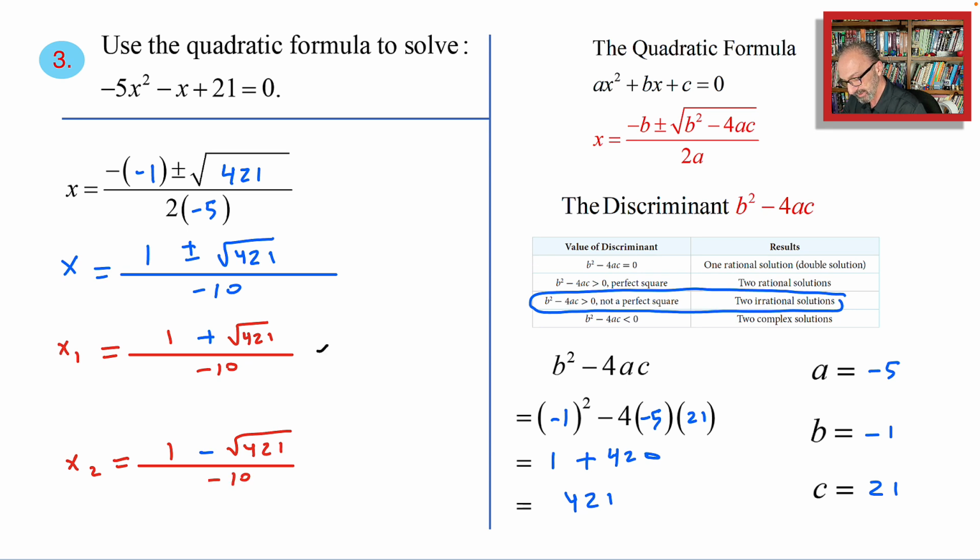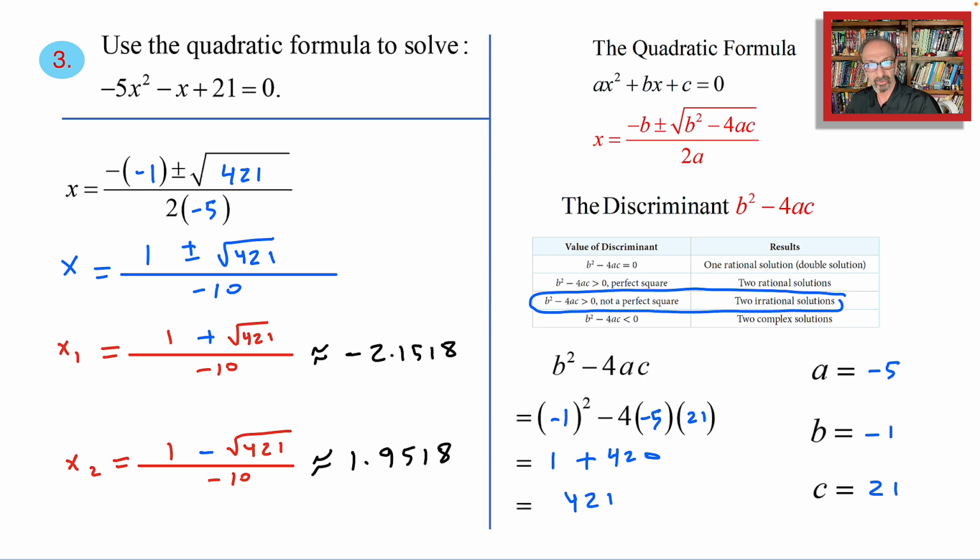The first one is approximately negative 2.1518, and the second one is approximately 1.9518. The reason why I went to the decimal form is because I want to show it to you graphically how it looks.